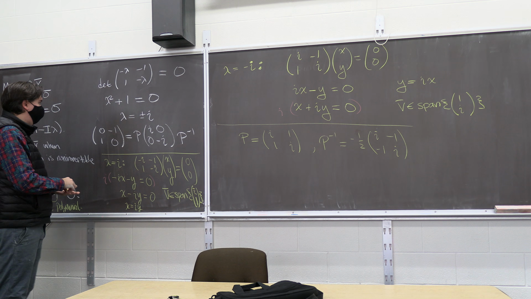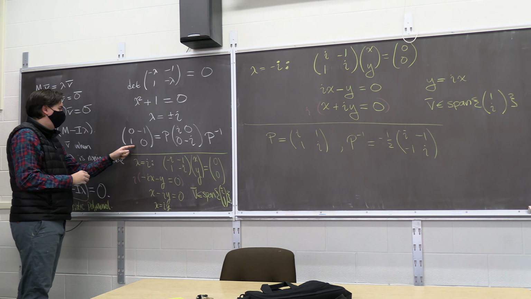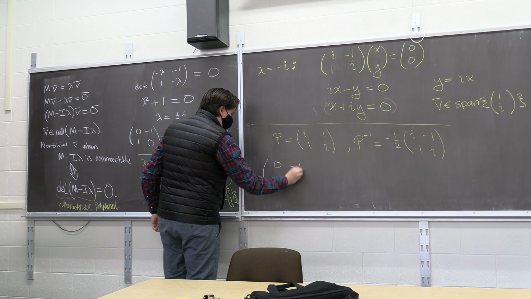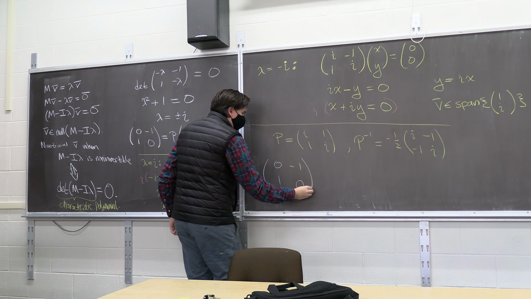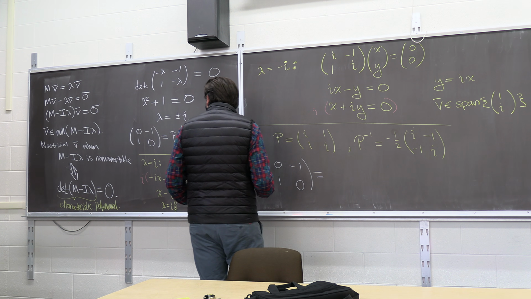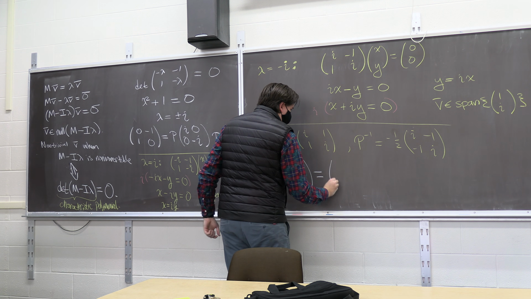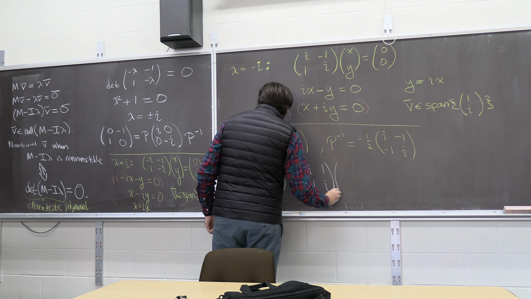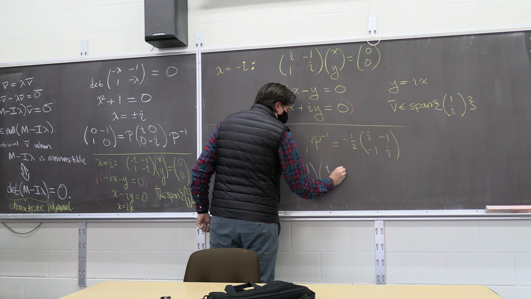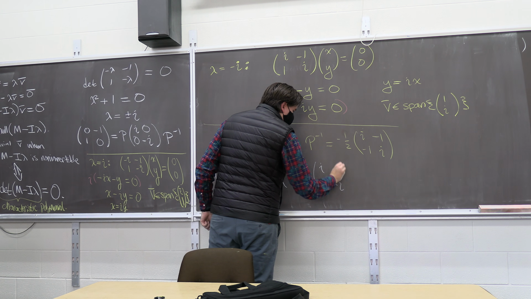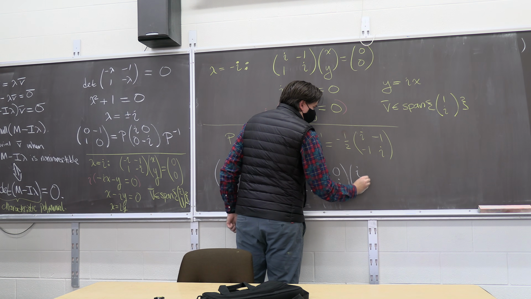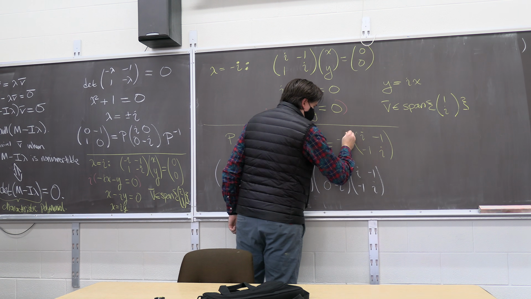So we should have then that this matrix 0, negative 1, 1, 0 is the same thing as P, which is i, 1, 1, i, times the diagonal matrix i, 0, 0, negative i, times this other matrix i, minus 1, 1, i, times negative 1/2.